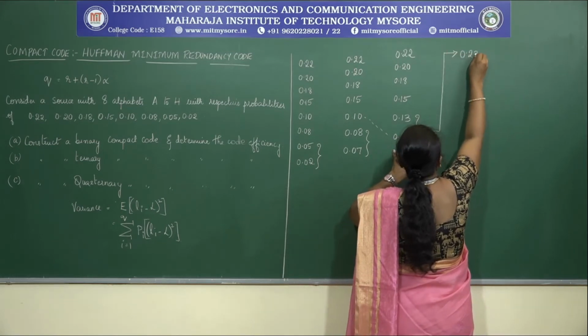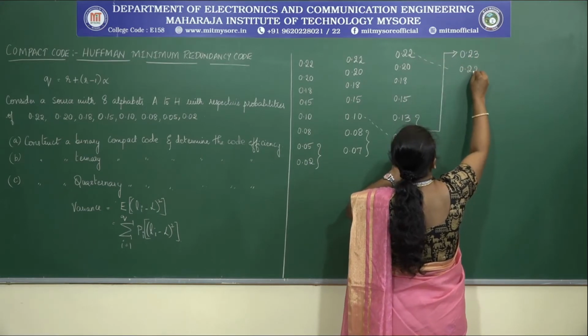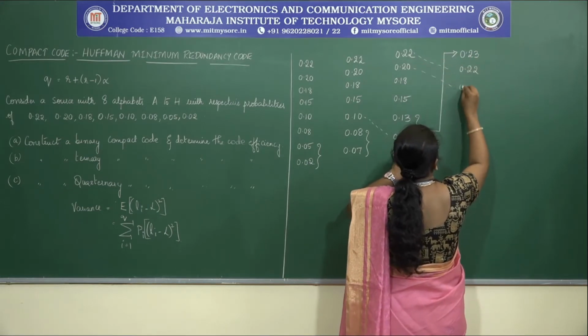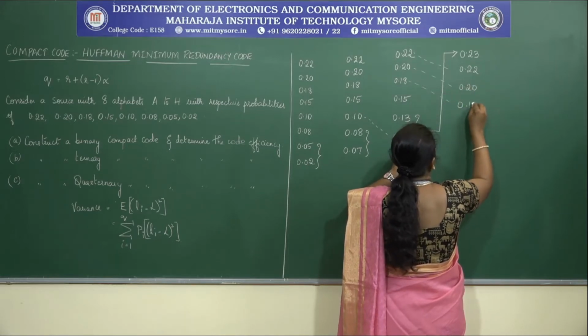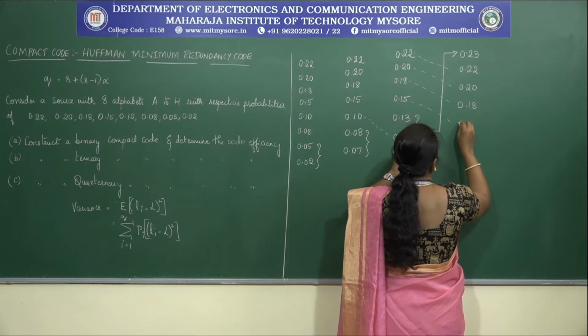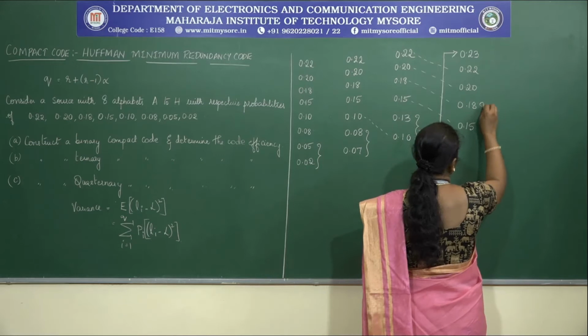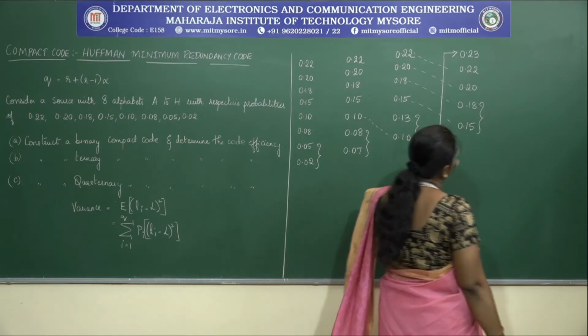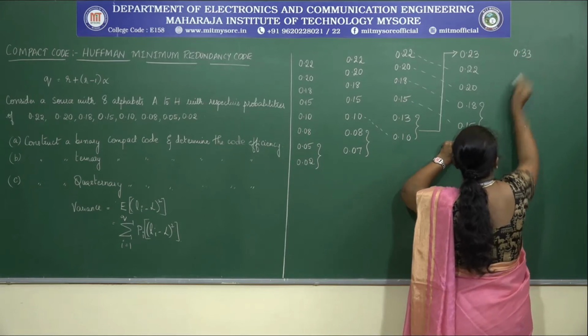So 0.23, place this below 0.22. So this is 0.20, this is 0.18 and this is 0.15. Now combine these two. It will be 0.33.